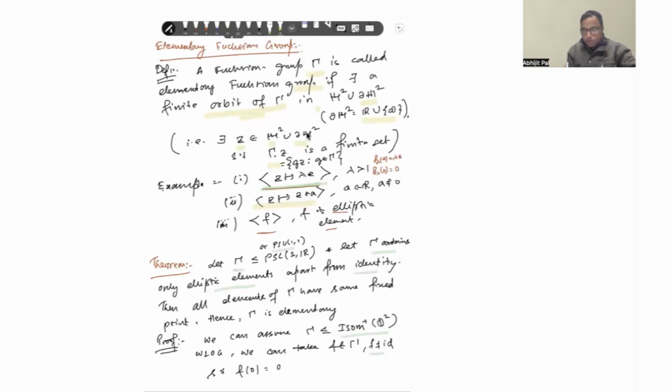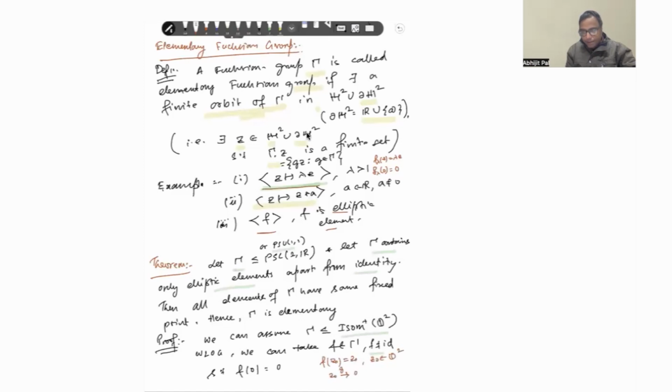So we are working with this unit disk model. f will fix some point z0, let us assume. So z0 belongs to this unit disk, and I can have an isometry of this unit disk which will take this z0 to the origin. Suppose g is that.